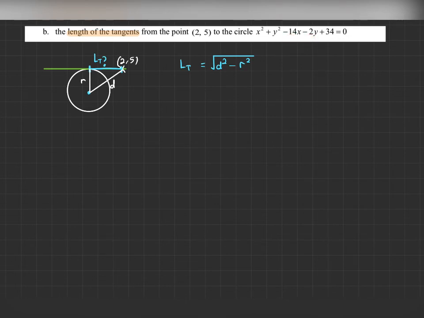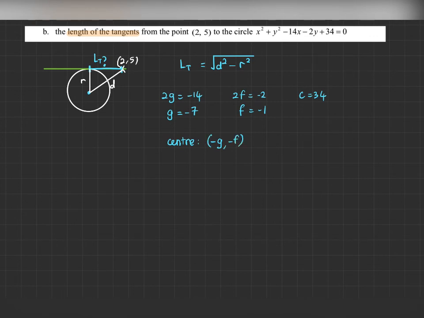Okay, so kita cari dululah. 2g equals to negative 14. So we have g sama dengan negative 7. 2f is negative 2. So we have f equals negative 1. And c is 34. So center bila melibatkan g dengan f, center punya coordinate will be always negative g, negative f.